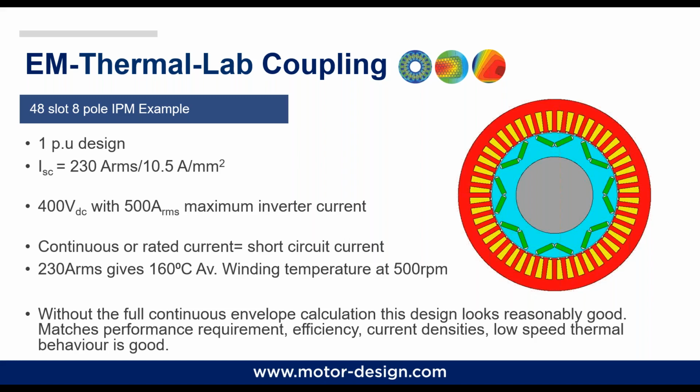Then based on that drive cycle or duty cycle, we can get the losses and the loss distribution inside the machine, and then we can run a thermal calculation over the drive cycle, which can be repeated 1, 10, or however many times we need to reach, for example, the steady state.